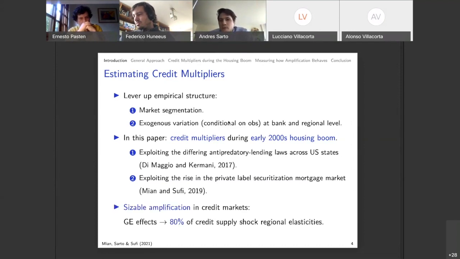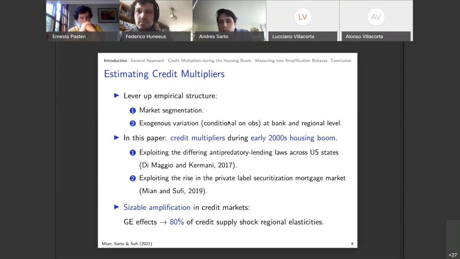Just to give you a brief glance at the results that we get. I don't know what your prior was, but the macro-finance literature emphasizes a lot the amplification effects that financial markets might have for macro shocks. And so naturally, I think you are expecting us to find some kind of amplification. What we find is actually a sizable amount of amplification.